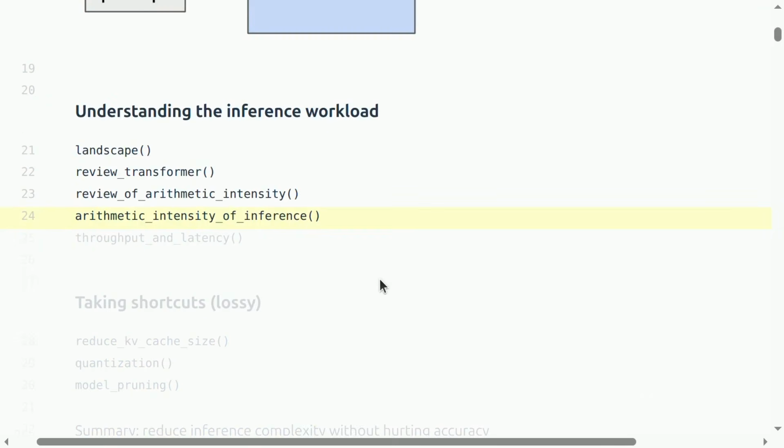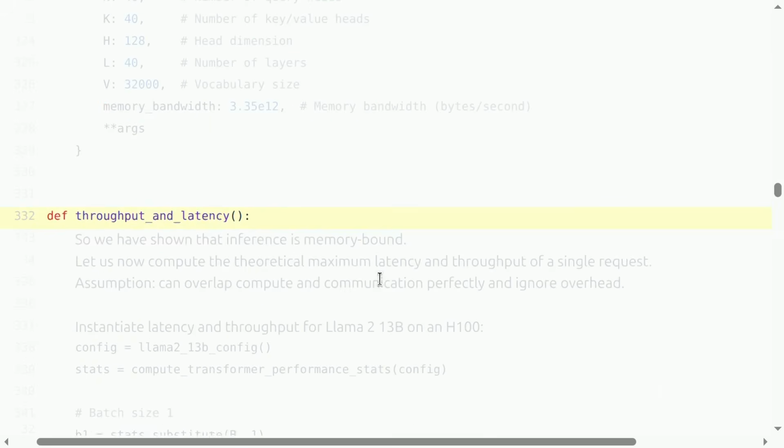Okay, so let's now use these intuitions and calculations to think about our inference metrics, throughput and latency, and also TTFT. All right, so inference is memory bound. In some ways this simplifies a lot of things, because when we think about how long things take, you just look at how much memory needs to be transferred.